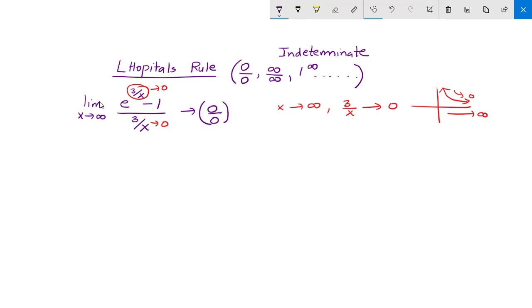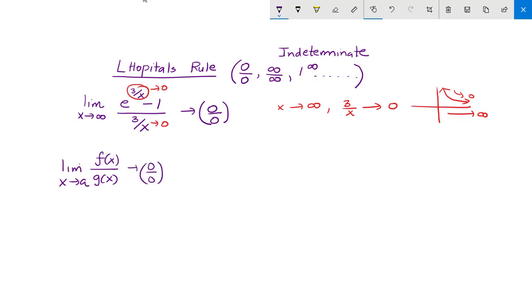Now what L'Hopital says is if you have a function, let's say f of x by g of x, and you evaluate the limit as x approaches any number a or infinity or negative infinity, and you are getting an indeterminate form, let's say a 0 by 0 form.